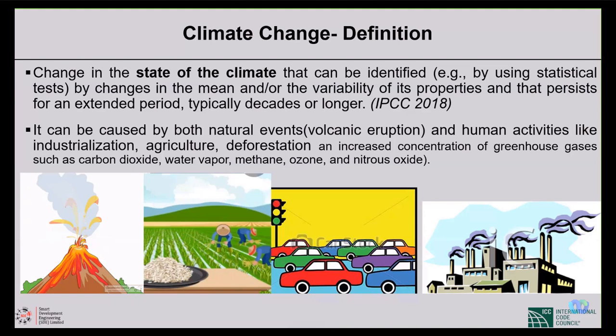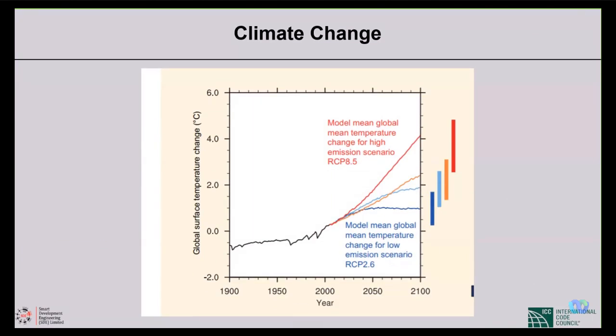Why is it happening? Here are some examples: agriculture, industry pollution, carbon dioxide emissions from different fossil fuel burning, from cars and many things. I don't want to go into that. Here are different scenarios. One is the no-regret scenario, where the minimum temperature will rise 1.5 degrees Celsius by 2100. 1.5, Hassan, are you joking?